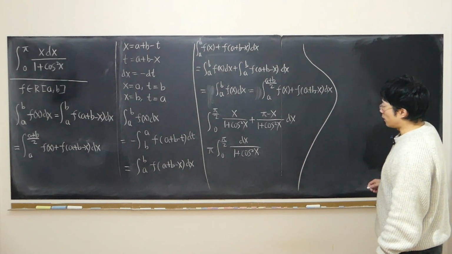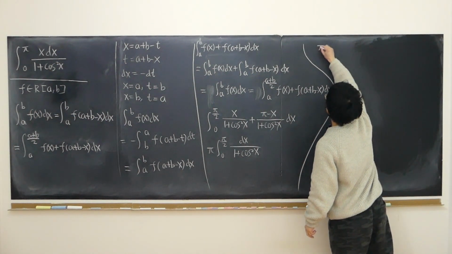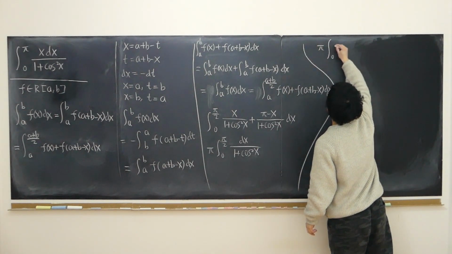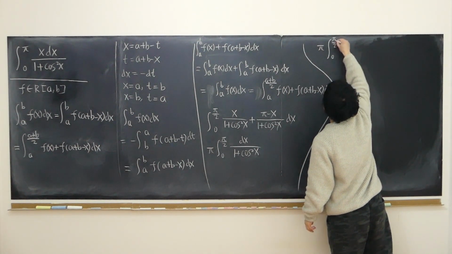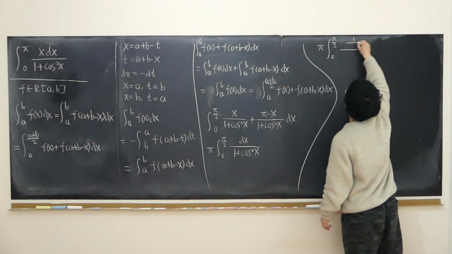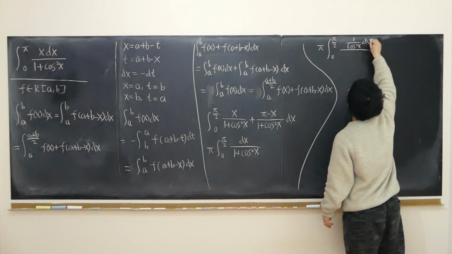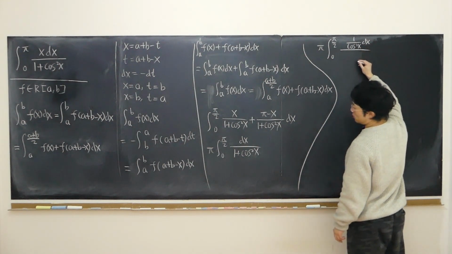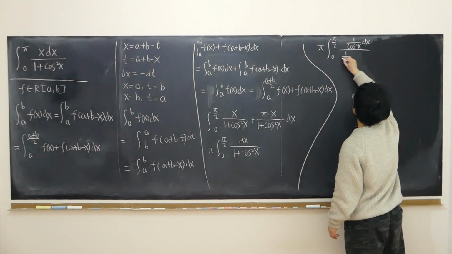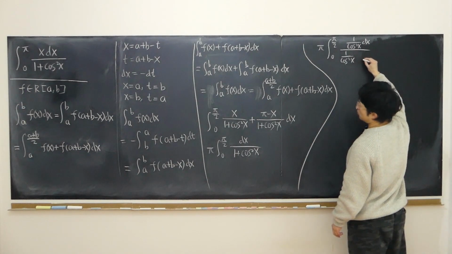After I divide everything by cosine square, I have pi times the integral from 0 to half pi. On the top, I have 1 over cosine square x dx. The bottom, I have 1 over cosine square x plus 1.